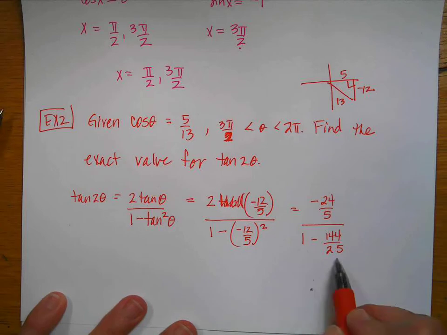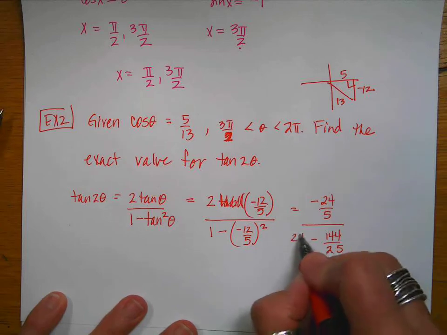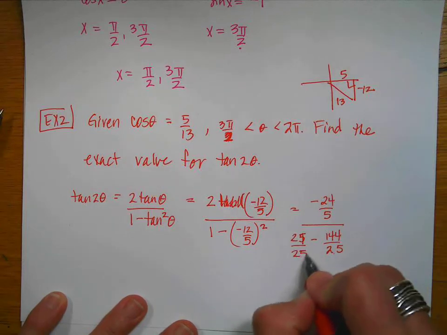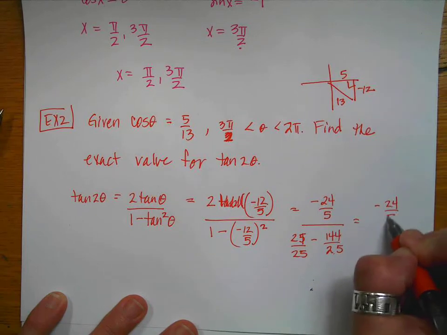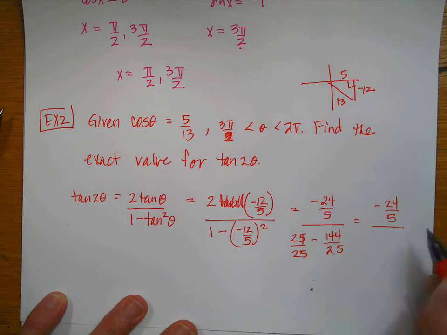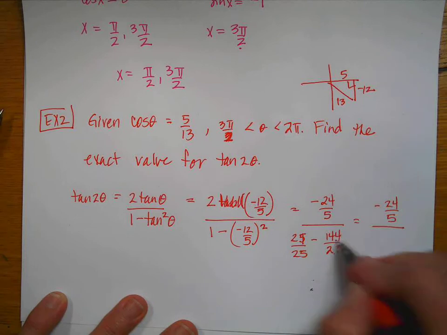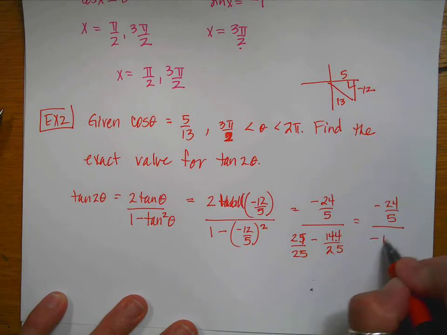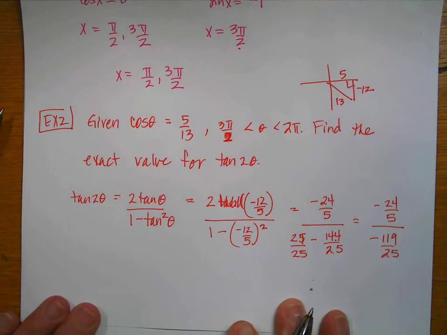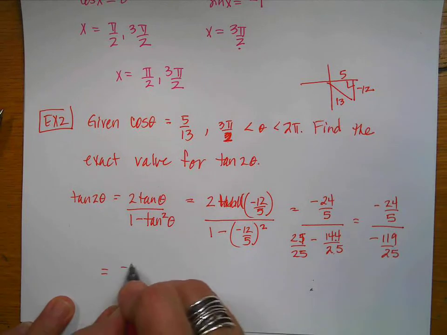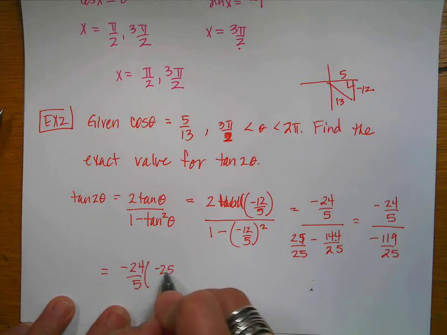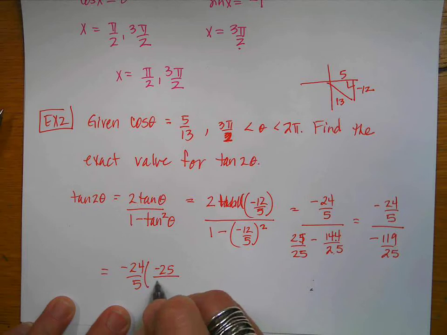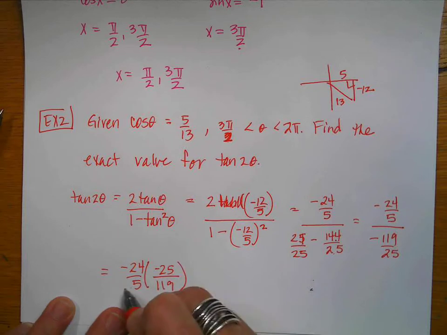I need to simplify, so I'm going to put my fractions together. So I'm going to turn this 1 into 25 over 25. So this is going to be a negative 24 over 5 over 25 minus 144, which is a negative 119 over 25. I have a fraction divided by a fraction, so I'm going to multiply by the reciprocal, times a negative 25 over 119.